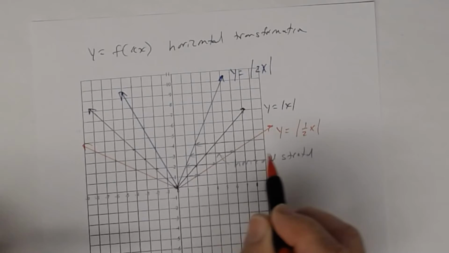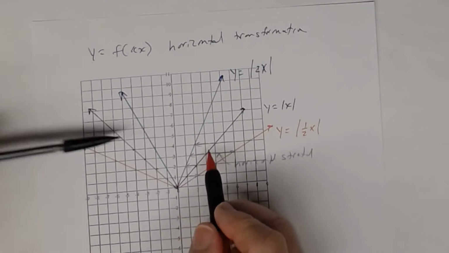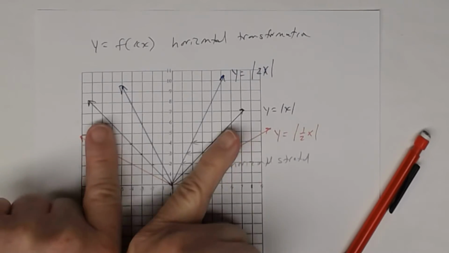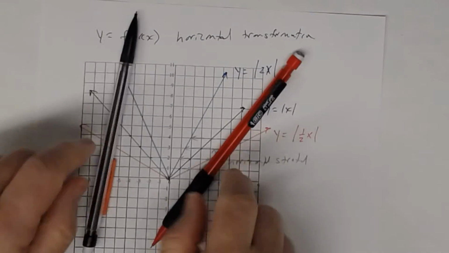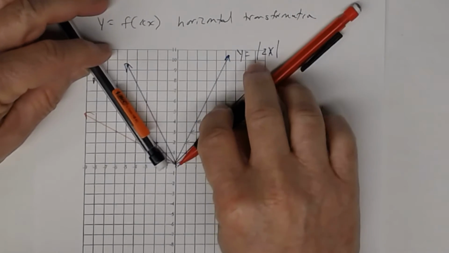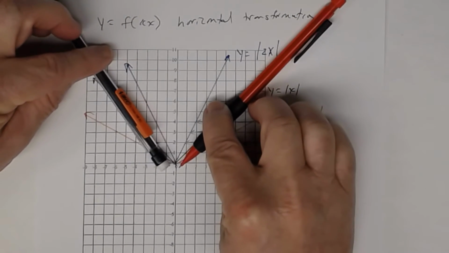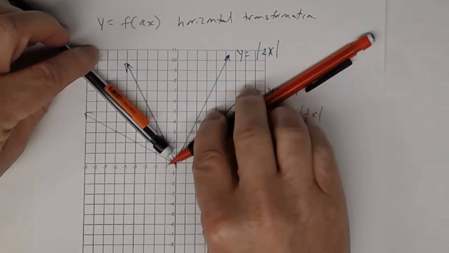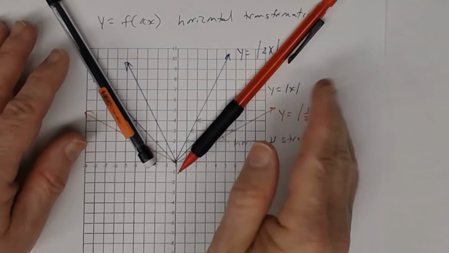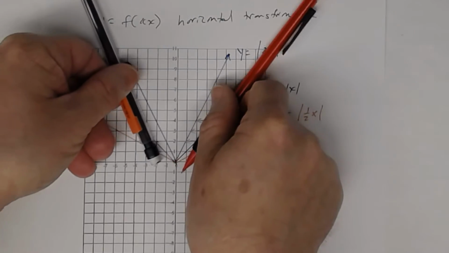okay? Now, to get to the blue graph, you got to think this now, all right? So think of this as your rubber band, right? Your parent function, and you're not going to stretch it because stretching does this, correct? That's stretching. So what you're going to do is kind of like you're compressing that rubber band.